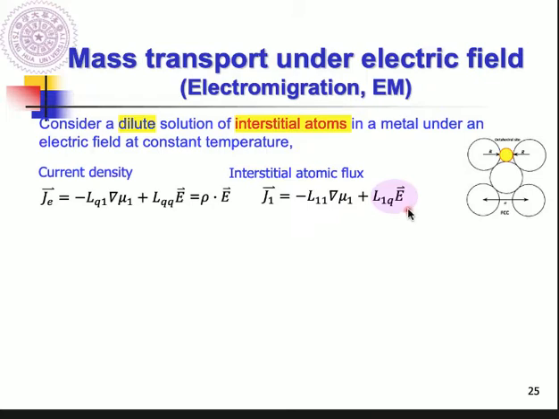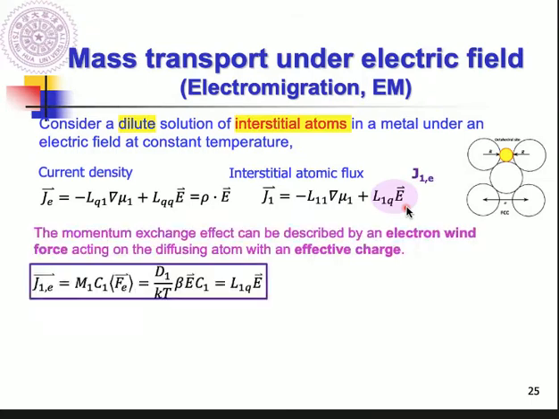The second term is due to the electrical field, or the cross effect between the electrical field and the diffusing interstitial atom. So in order to get this term, you can write J1E as the atomic flux due to the electrical field we apply on it.